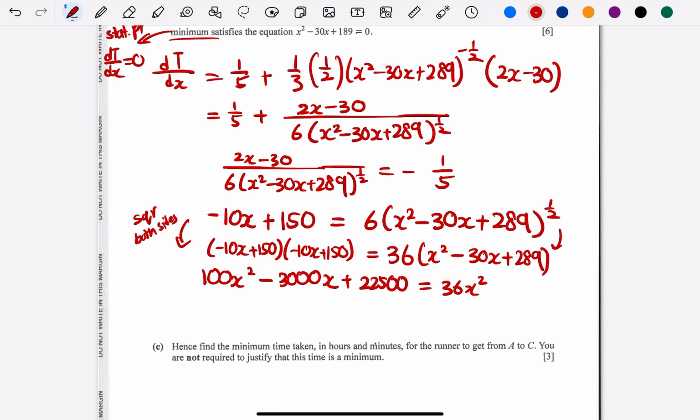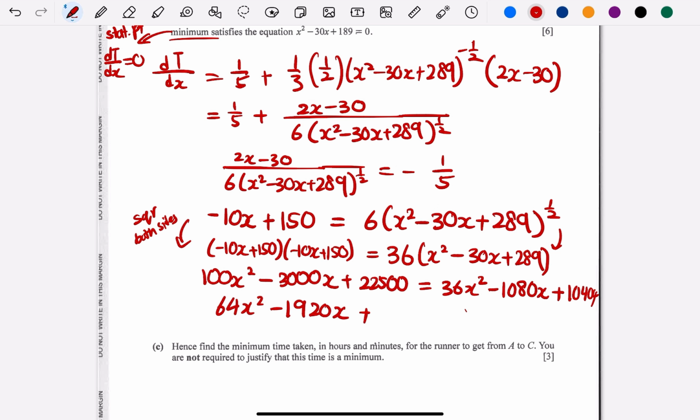I'm just going to expand this 36 in. 36 times 289 is 10404. Okay, after this, we're going to shift all our terms to the same side. I'm going to shift everything to the left side. So 100 minus 36 gives us 64. Then negative 3000 plus 1080 is negative 1920.